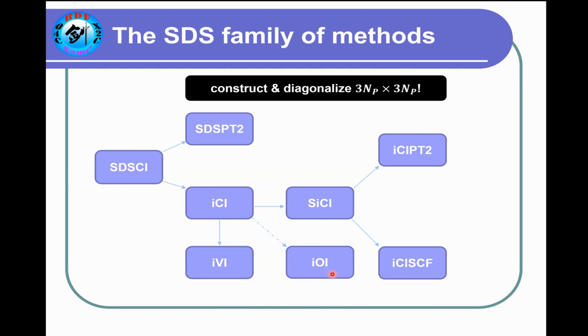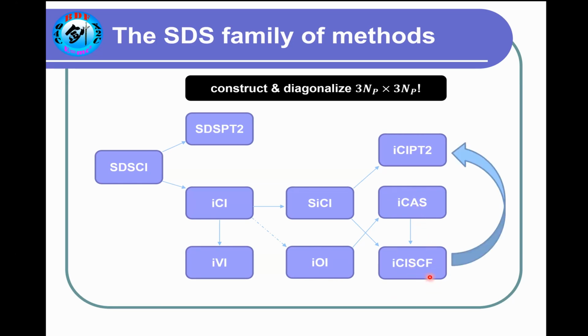So this method starts to work now. And from IOI, we are developing a new method which I call iCAS, imposed CAS, the automatic selection of CAS space. More importantly, this CAS space is guaranteed to be the same for all the geometries of complex systems. I think this is a very unique feature.